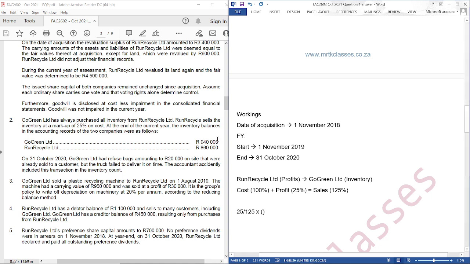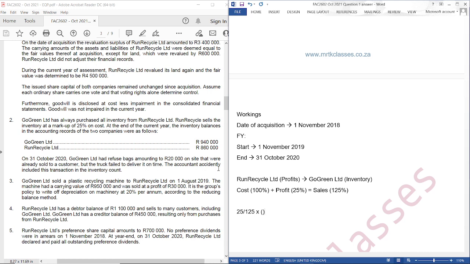At the end of the current year, the inventory balances in the accounting records of the two companies were as follows. And we know that inventory that we want is in the books of Go Green Limited, so Go Green Limited, 940,000. On 31 October 2020, Go Green Limited had refuse bags amounting to 20,000 on site that were already sold to a customer, but the truck failed to deliver it on time.